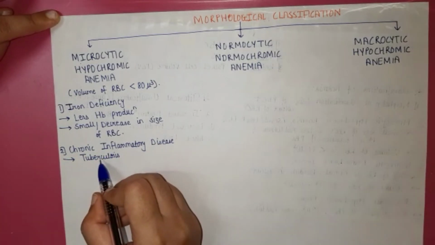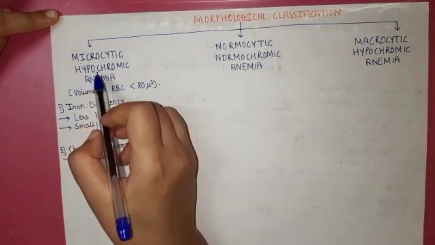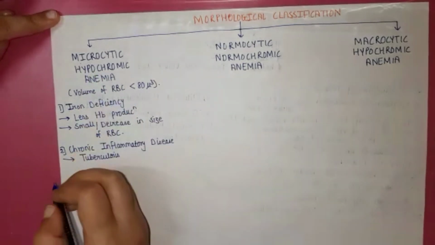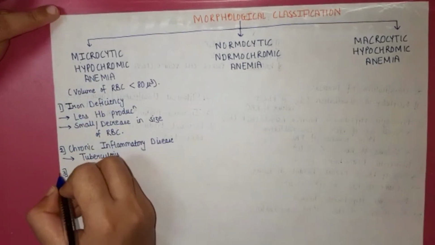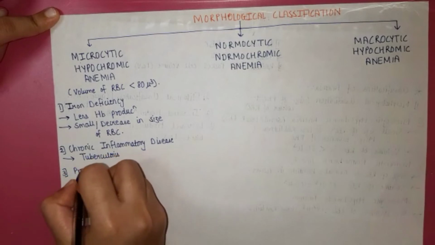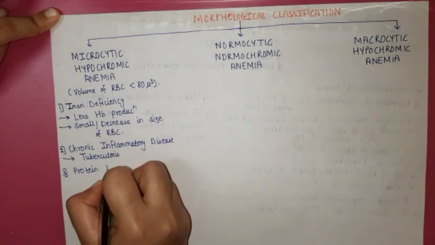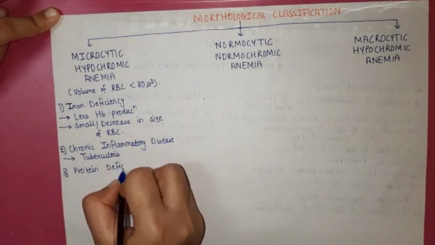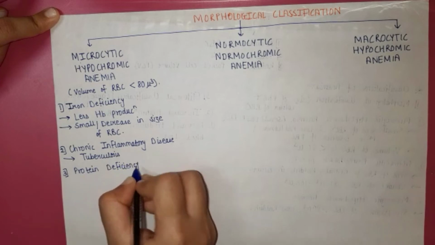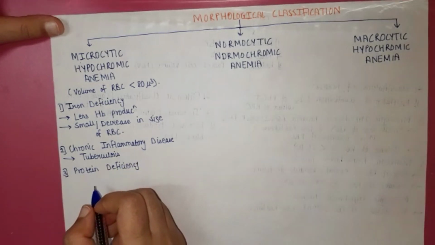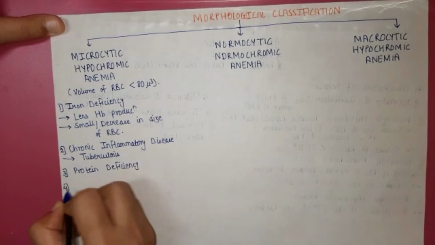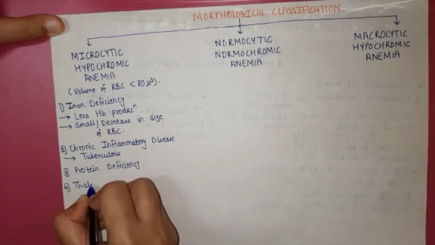So tuberculosis may also lead to microcytic hypochromic anemia. The third cause is protein deficiency. If proteins are deficient in our diet, it leads to microcytic hypochromic anemia. And the last cause is thalassemia.